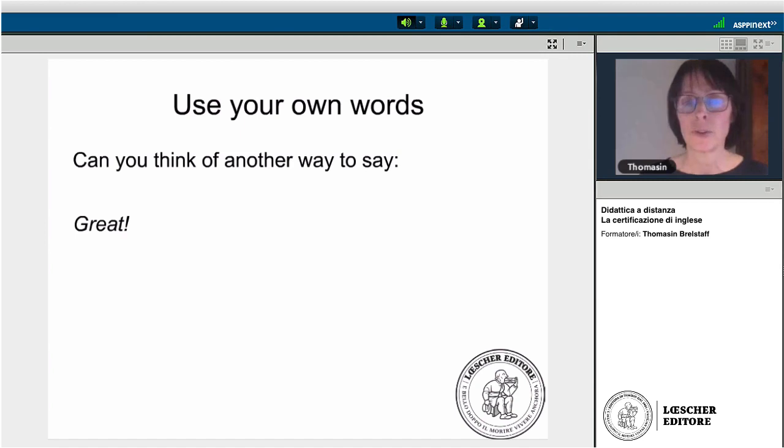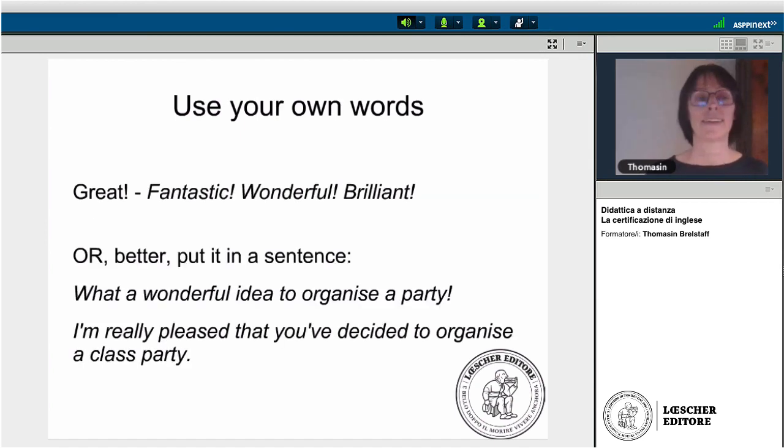And you've already found loads. Wonderful, awesome, fantastic, yeah. So use a synonym, or better still, put it in a sentence, because if you put it in a sentence, you'll show that you can write different structures, such as what a wonderful idea to organize a party, or I'm really pleased that you've decided to organize a class party.